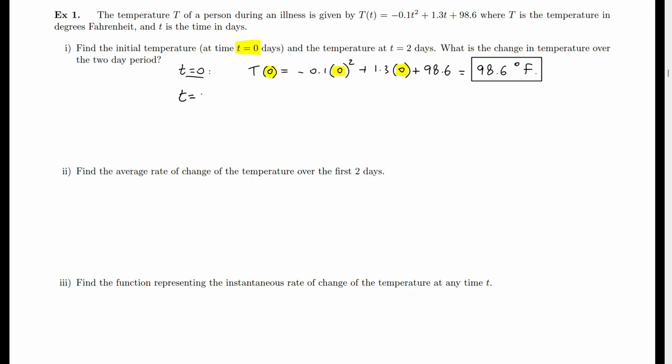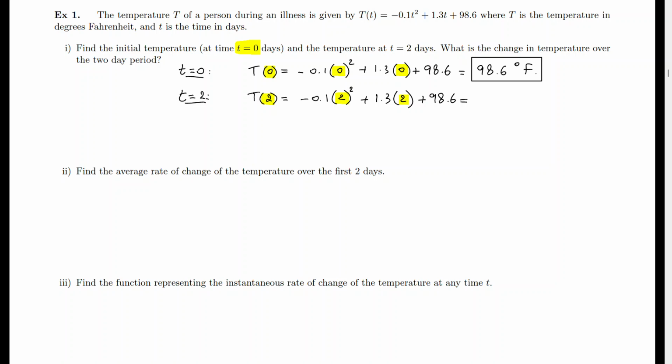Now after 2 days have passed, if we want to know what the temperature of the person is, we just need to put 2 into that same function, again everywhere we see a small t. So I get negative 0.1 times 2 squared plus 1.3 times 2, and then finally plus 98.6. We're replacing the small t with 2 because that's what the question asked us to do.